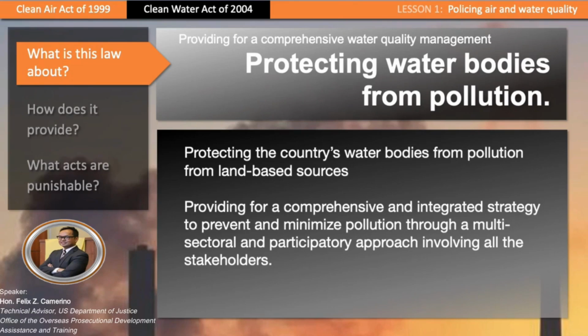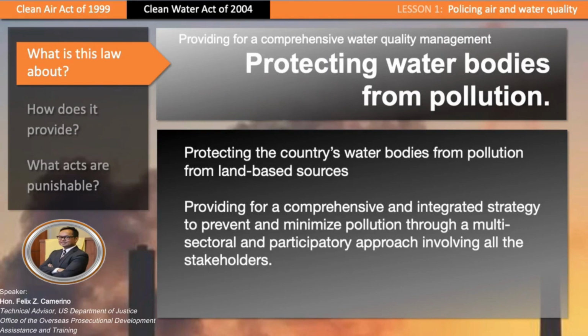And we'll talk a little bit about that when we get into the institutional mechanism that is provided by this law. So that gives us a little bit more depth about what this law is about: protecting water bodies from pollution, and also a little bit about the comprehensive water quality management.